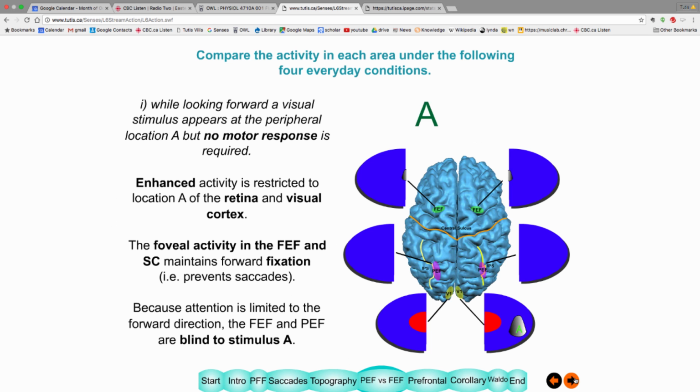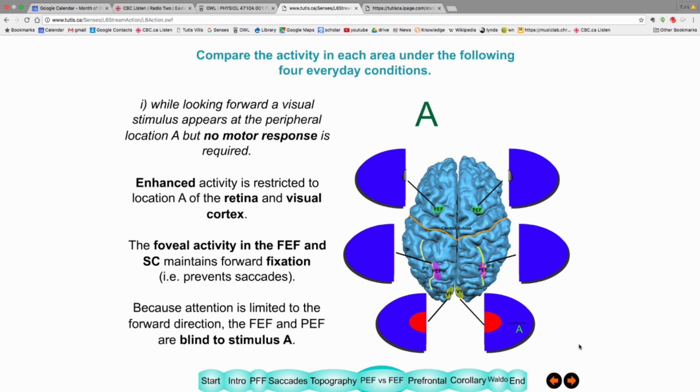Okay, now let's compare the activity in these areas when you're performing one of 4 different types of everyday movements. The first one is when an object appears in your retina, and then it appears in your V1, but the task is to simply continue looking forward and not be distracted by this object, okay?